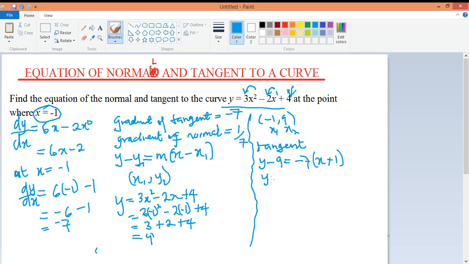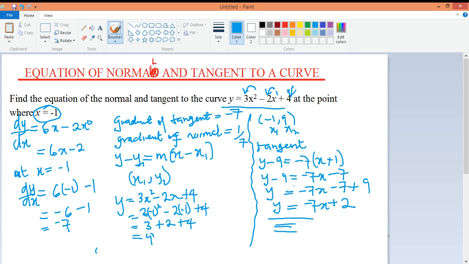Solving further, y minus 9 is equal to negative 7x minus 7. Y will be equal to negative 7x minus 7 plus 9. Y will be equal to minus 7x plus 2. So this is the equation of the tangent at the point where x is equal to negative 1.